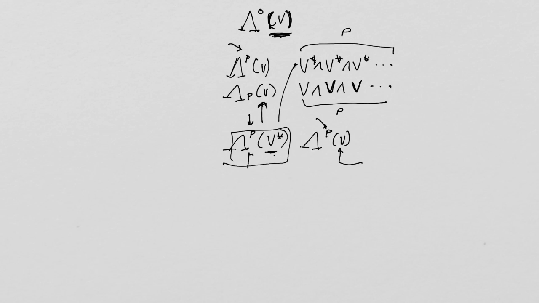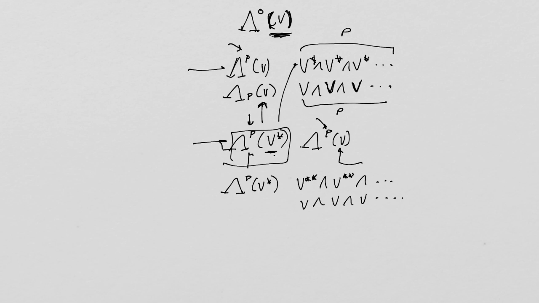Because in my world, this thing would actually mean V star star wedge, V star star wedge, which would be V wedge, V, etc. So that's not what I want. So I'm sticking with this notation, but for now, I'm going to simplify it more, and just write it like that, without any argument here.